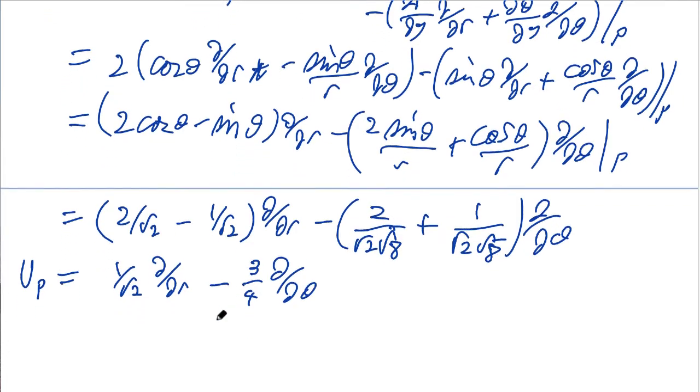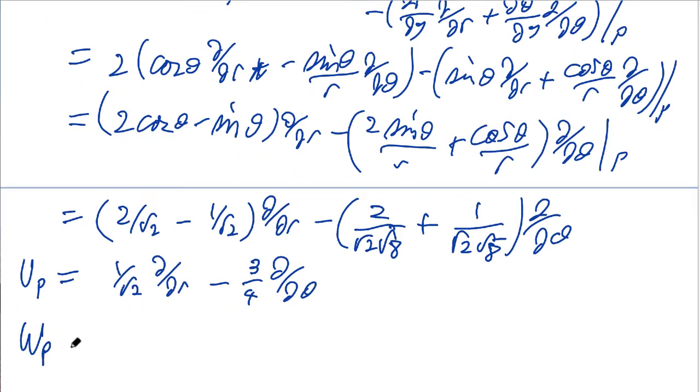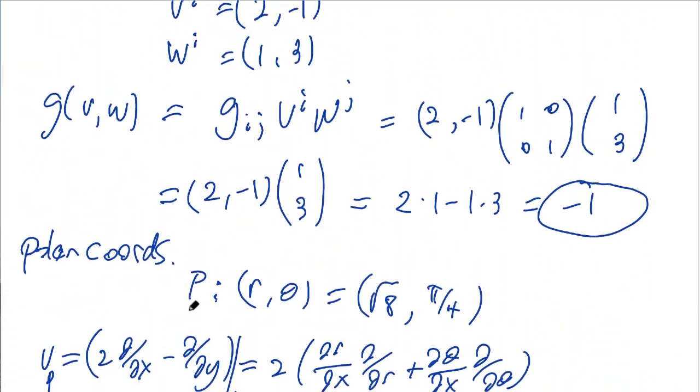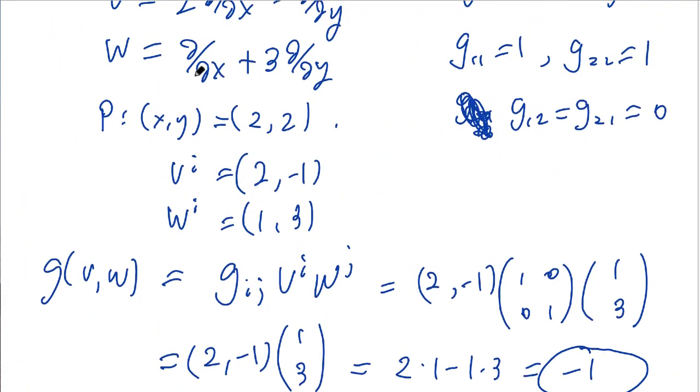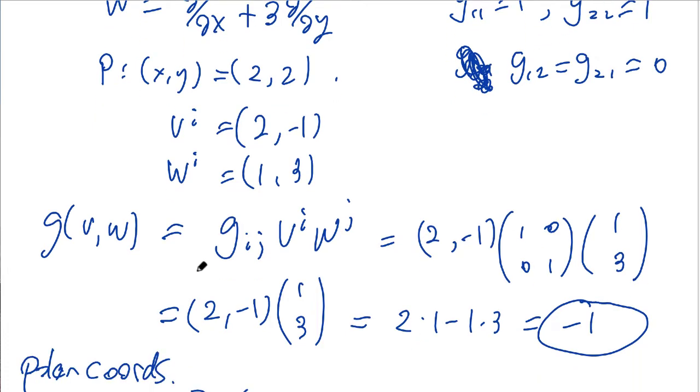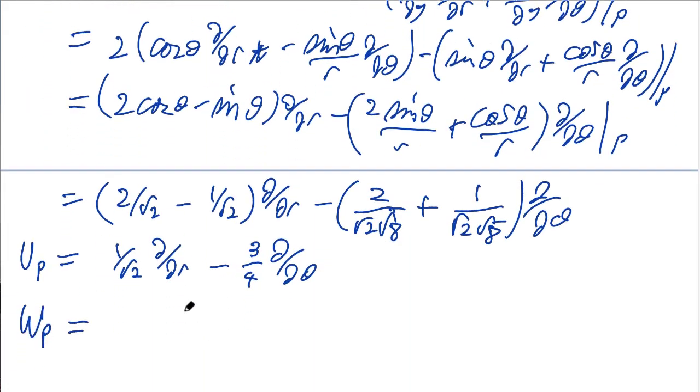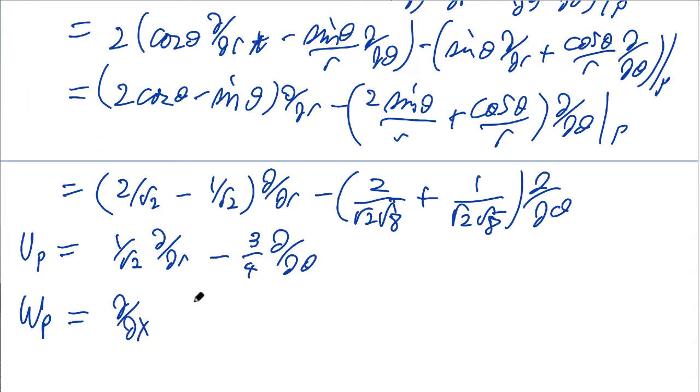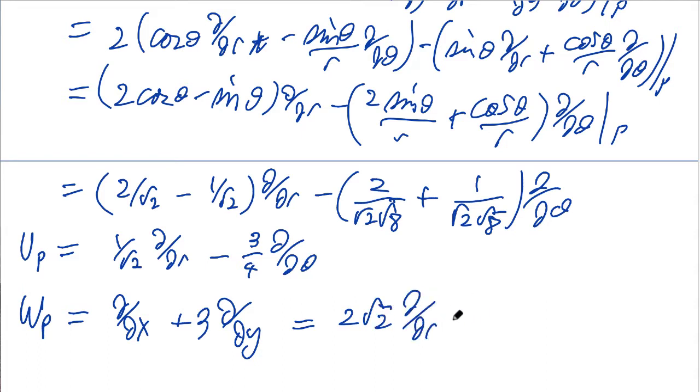And we can also work out what w is at the point P. W was d by dx plus 3 d by dy. So I won't go through all that in detail, but the answer is 2 square root of 2 d by dr plus 1/2 d by d theta.